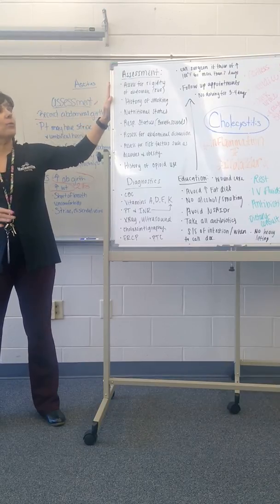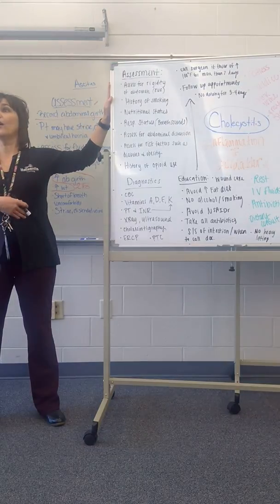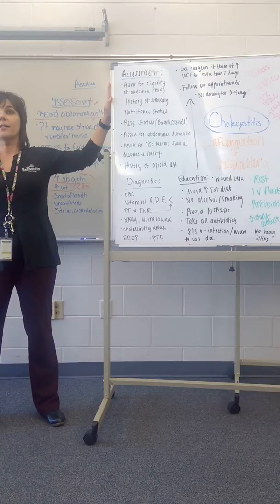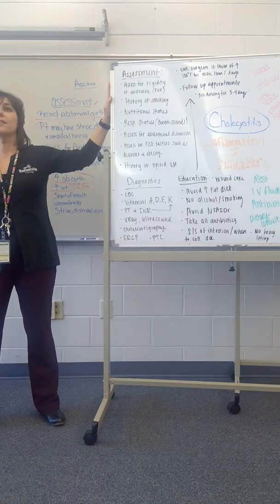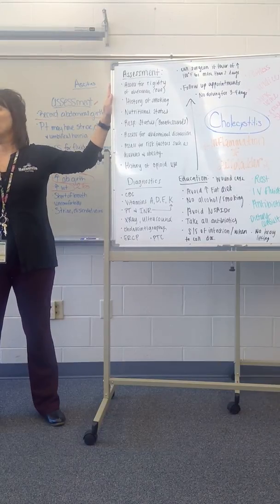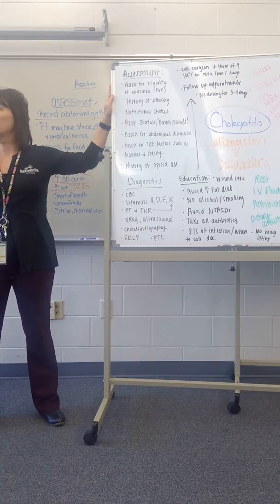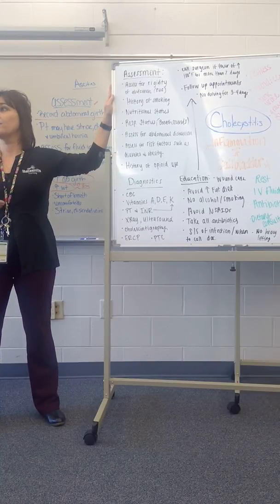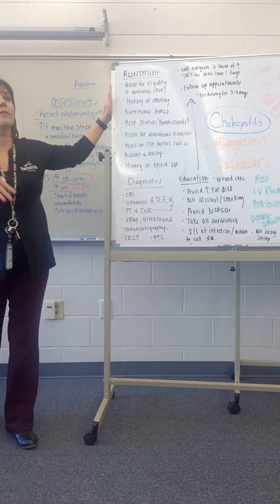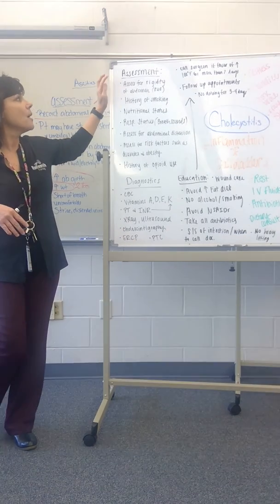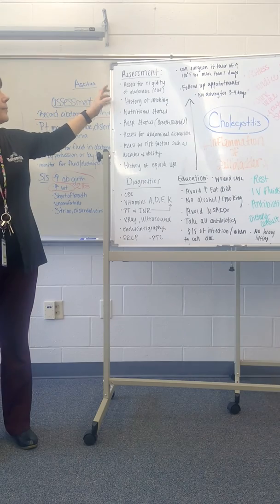They may have a rigid abdomen depending on the process and where they are in their disease process. If the gallbladder has perforated and bile has gone out into the abdominal cavity, they could have peritonitis. But hopefully we're combating that and it's not there. But right upper quadrant pain.